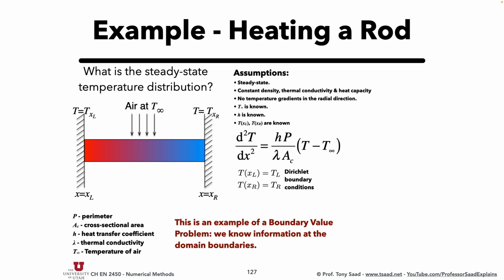And on this side there's also a temperature fixed, T right, or some specified temperature by the user. Now the equation relates the second derivative of the temperature. There's some coefficients here, hP over lambda A, whatever, we're going to lump that into one coefficient, times T minus T infinity. T is the local temperature on the rod. T infinity is the temperature of the air.